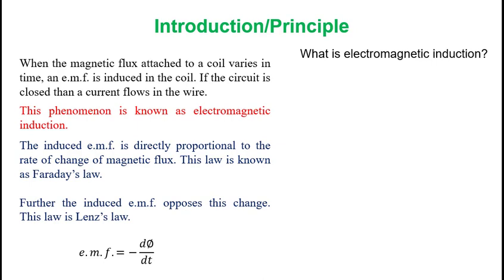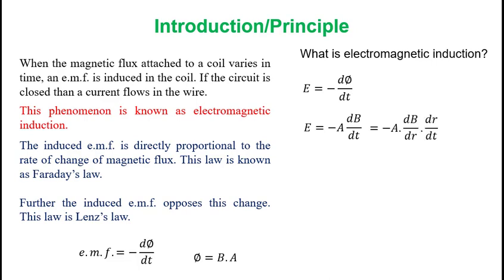If you express the EMF by E, then Faraday's law reads E equal to minus d phi over dt. Since magnetic flux can be written as magnetic field induction multiplied by the area, so phi is equal to B into A, so it can be written as E equal to minus A dB over dt, or it can further be written as minus A dB over dr multiplied by dr over dt.